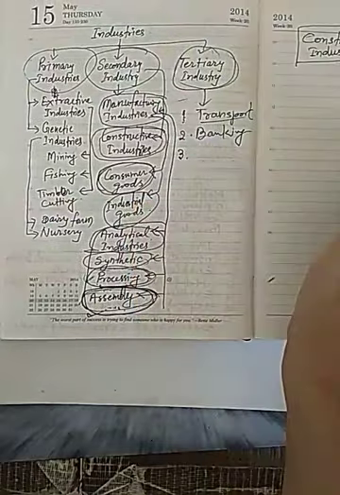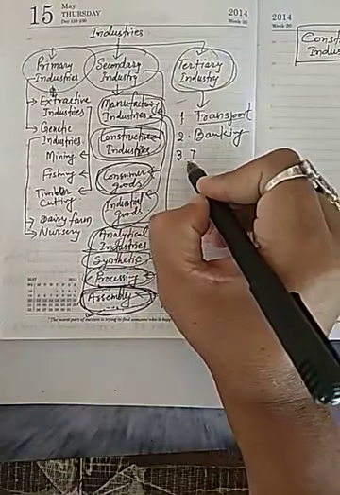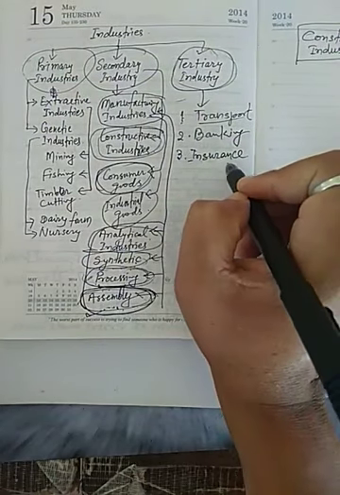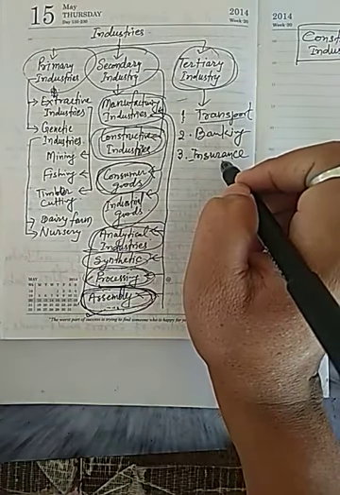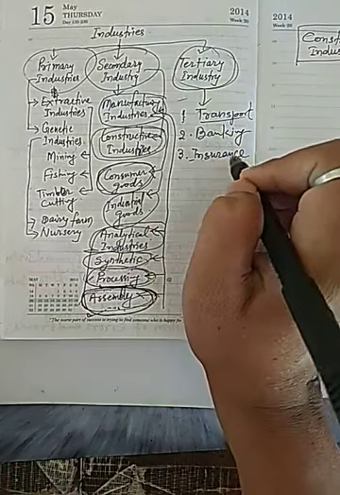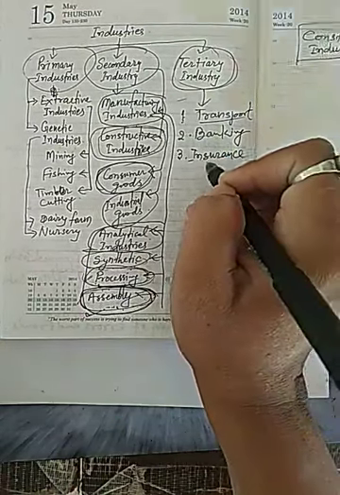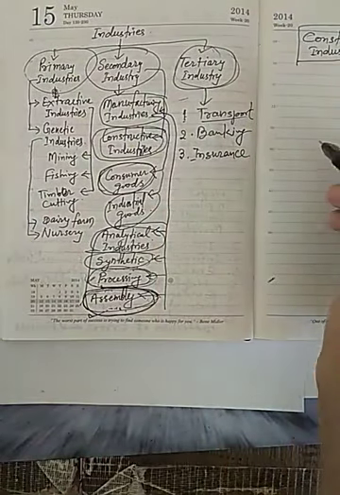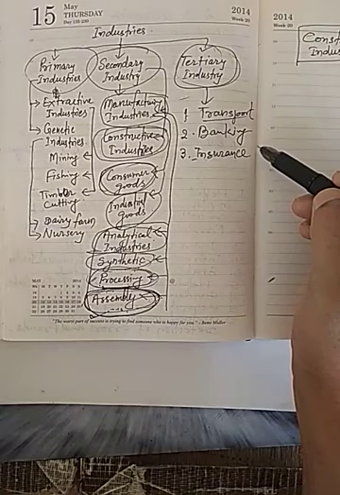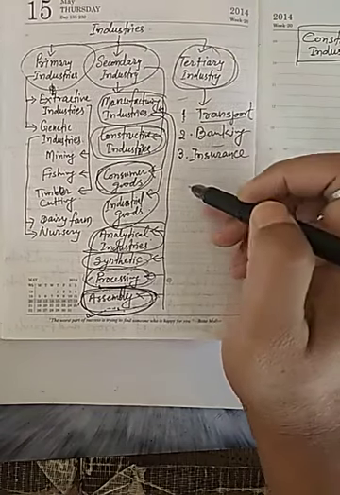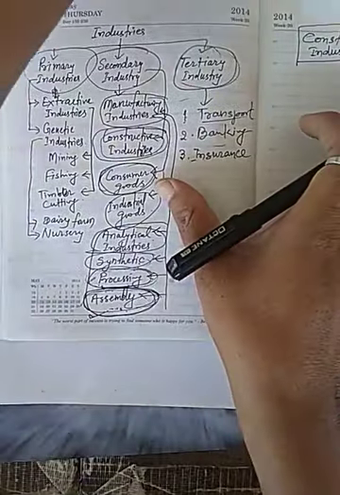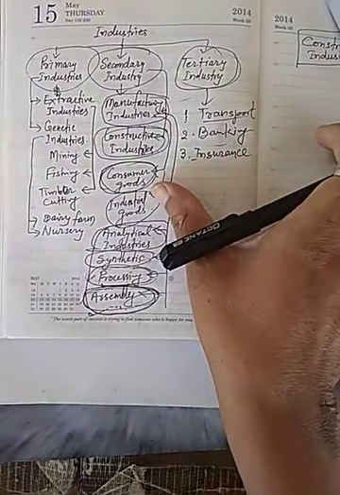Third is insurance industry. Insurance industries provide coverage from various types of risk, because in business risk is reduced but it cannot be eliminated.